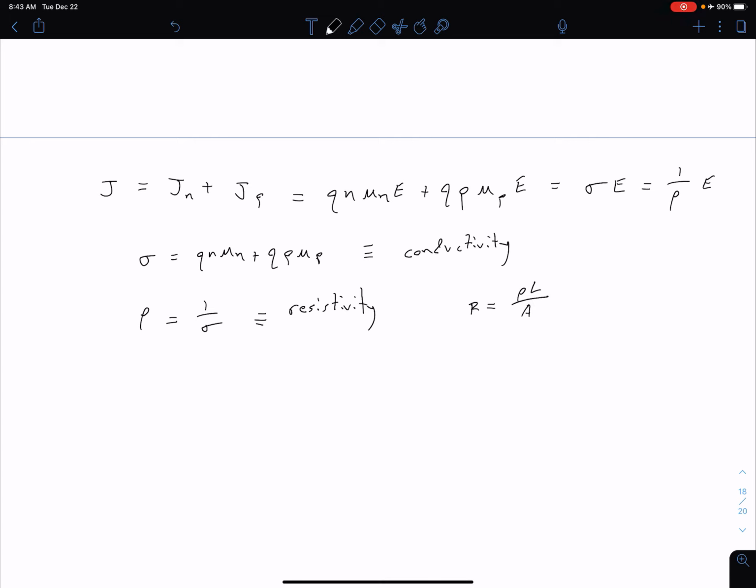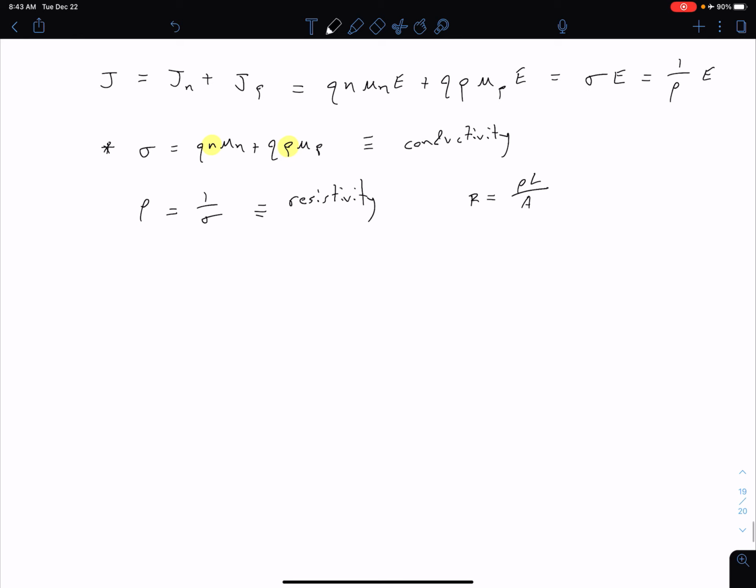So again, in previous classes, you might have seen this conductivity given as just a material value. So maybe for this material, conductivity is X, some fixed number. But what we can see is we have N and P, which are our electron and hole concentrations respectively. And remember that through the process of doping, we essentially can control that.